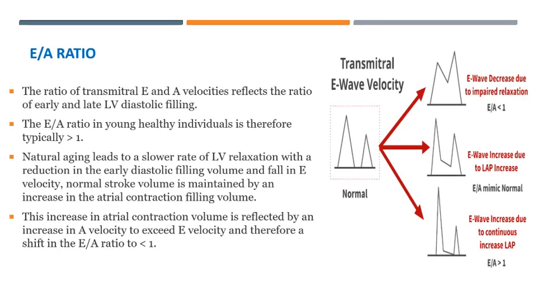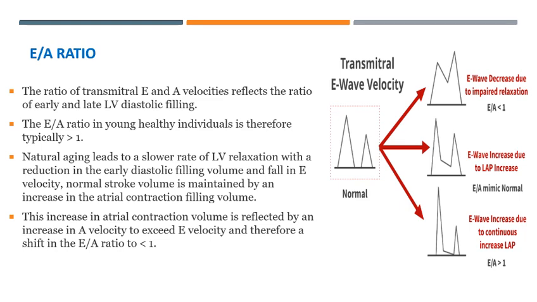E/A ratio. The ratio of transmitral E and A velocities reflects the ratio of early and late left ventricular diastolic filling. The E/A ratio in young, healthy individuals is therefore typically more than 1. Natural aging leads to a slower rate of left ventricular relaxation with a reduction in the early diastolic filling volume and fall in E velocity.